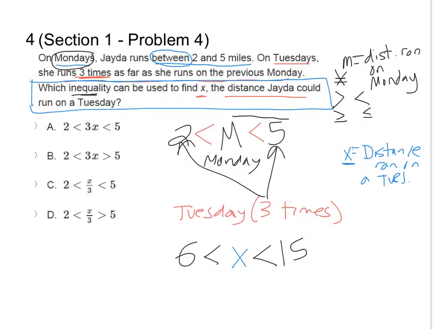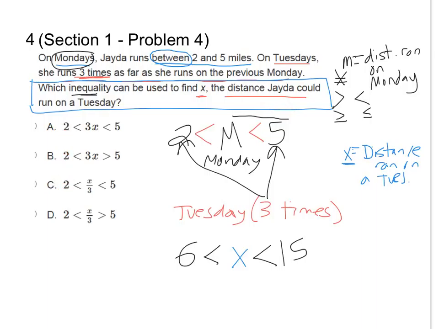Now, the only problem with what we have here is if you look at each and every one of these, they don't have a 6 or a 15 in the answer. So that's a problem for us. So how do we fix that problem? Well, notice, on ours, we know she ran between 6 and 15. We have a 6 here. They have a 2 and a 2 and a 2 and a 2.